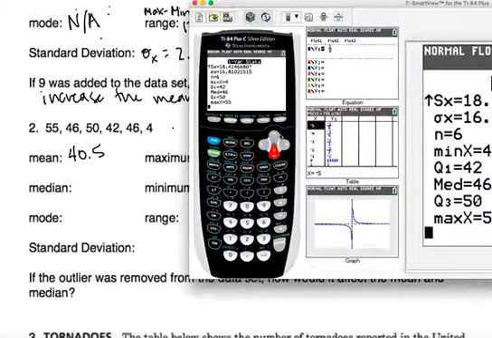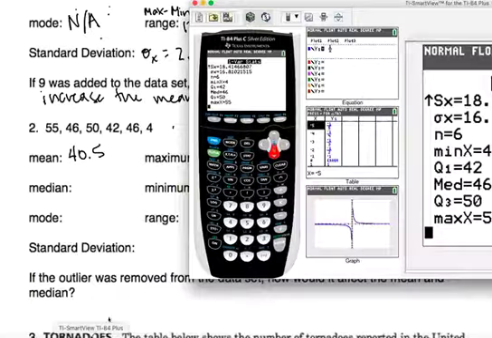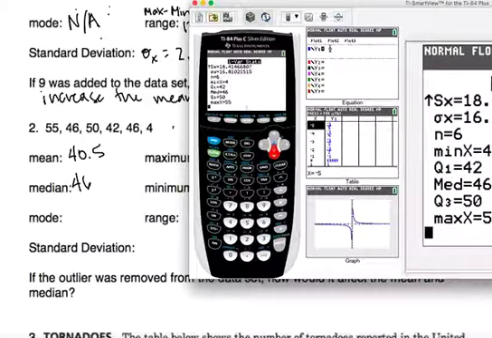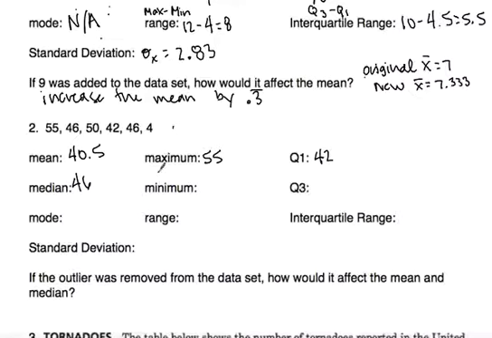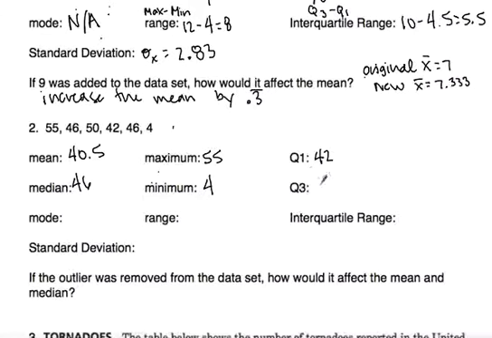Q1 is also included at 42. The median can be found from here as well, so the median is 46. The minimum is 4. And the Q3 is 50.